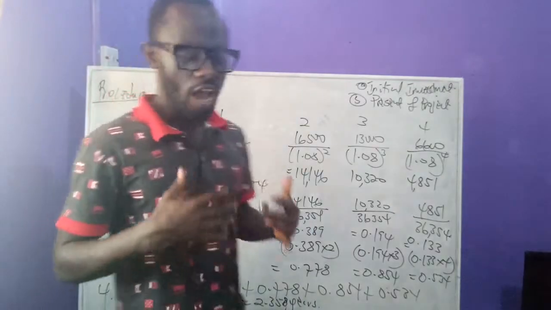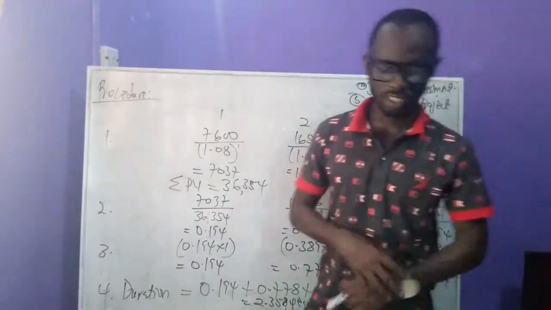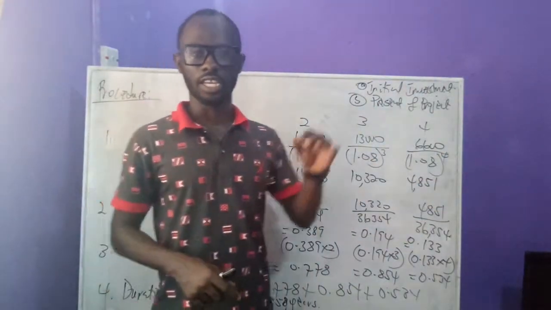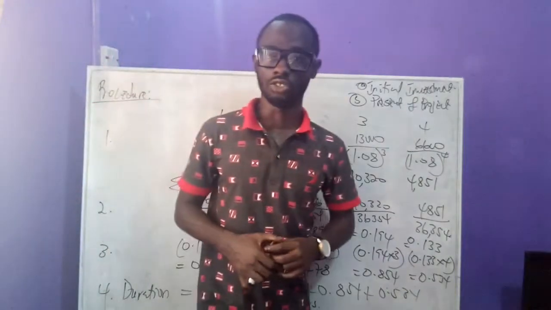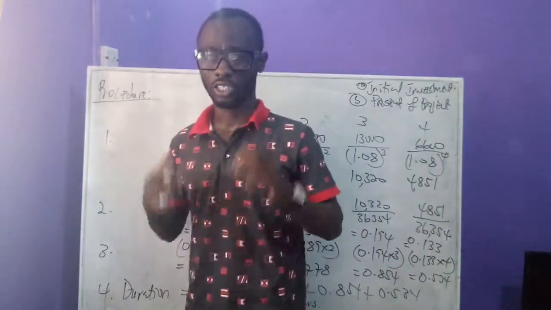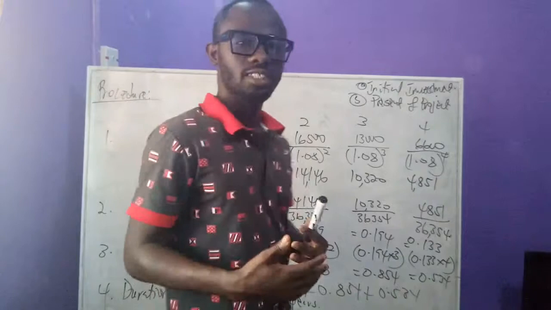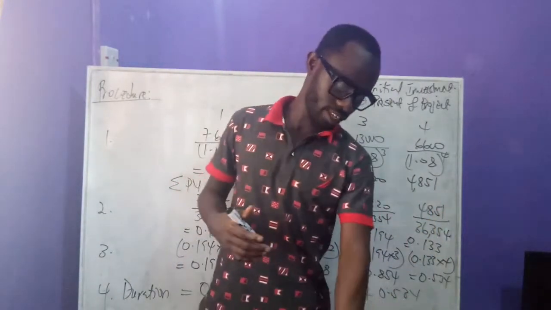So I hope you understand the concept of these techniques under advanced investment appraisal: the modified internal rate of return, the discounted payback period, and very importantly the duration. These are all techniques that we can use to appraise the project. Again, when it comes to the duration, we cannot just calculate the duration and then make any decision.